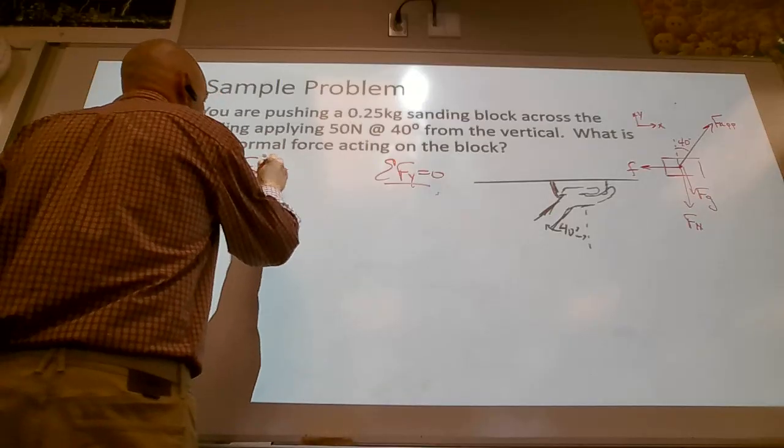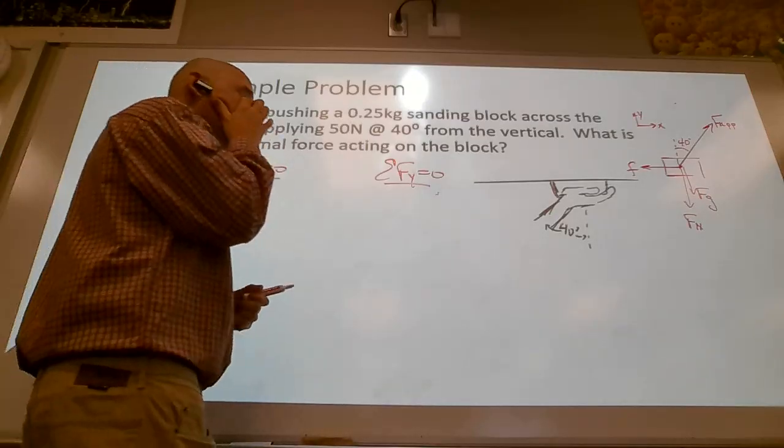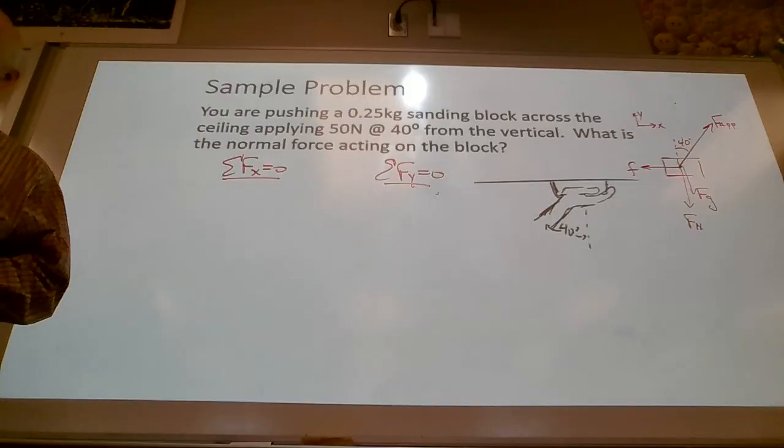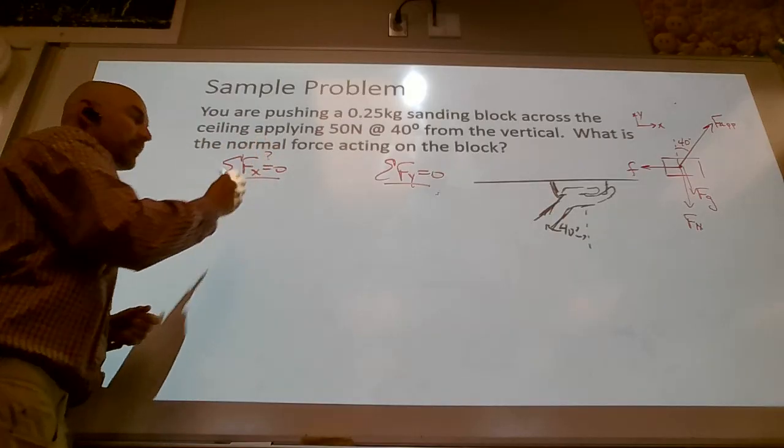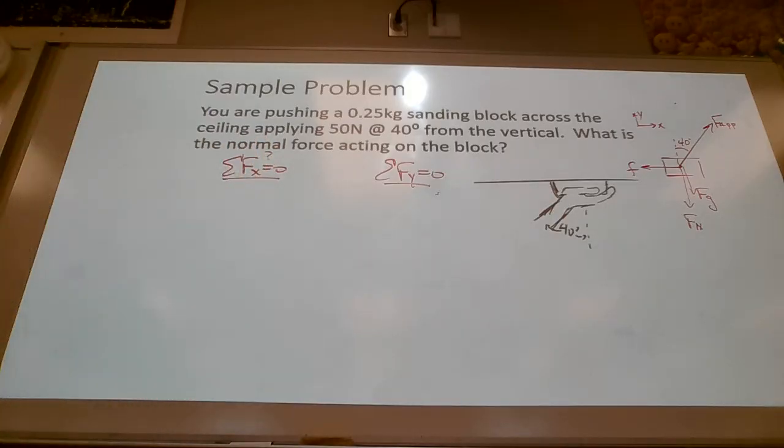Okay, real fast, the sum of the forces in the X direction, are they equal to 0? No. It doesn't specify what the motion is in the horizontal or X direction. Saying that the sum of the forces is equal to 0 is a special case.